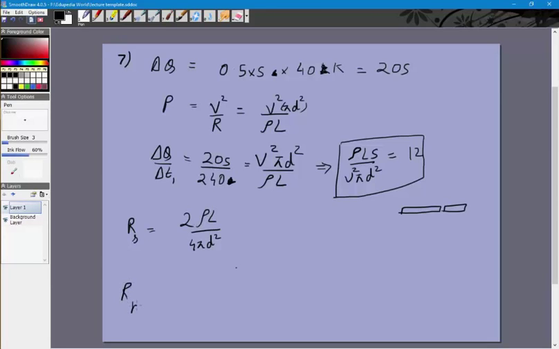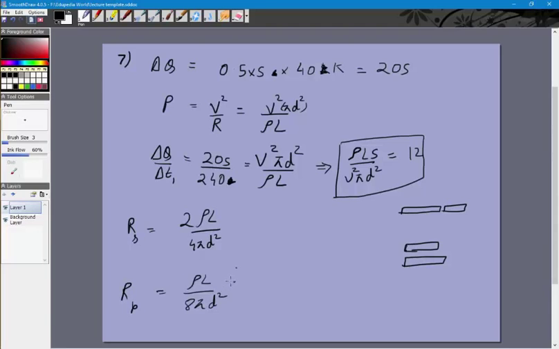In the second case, R parallel, you have both of them in parallel, equal resistances. So the net resistance is half of that, right? 1 by R plus 1 by R is 2 by R. The inverse of that is R by 2. So half of rho L by 4 pi D squared, that is rho L by 8 pi D squared.